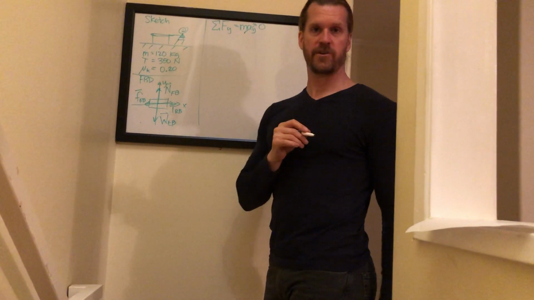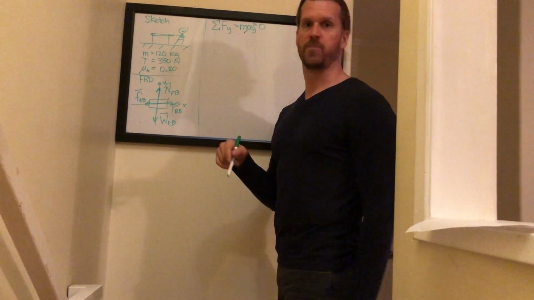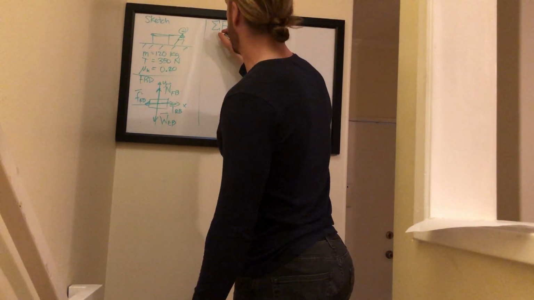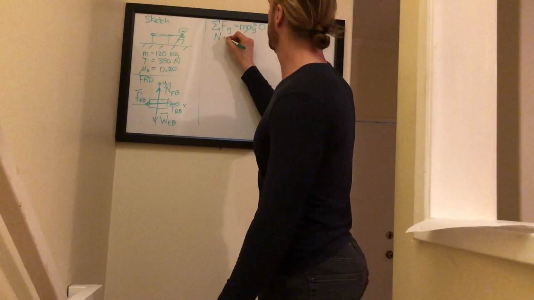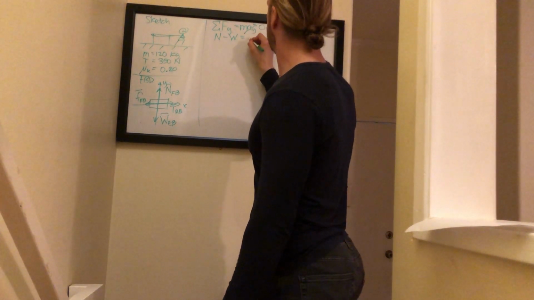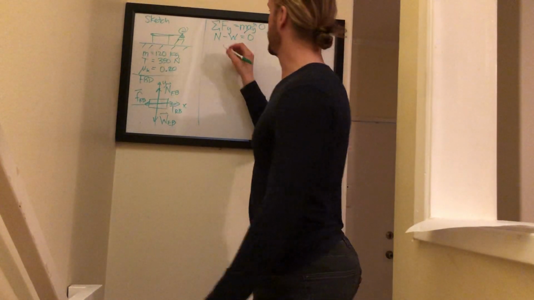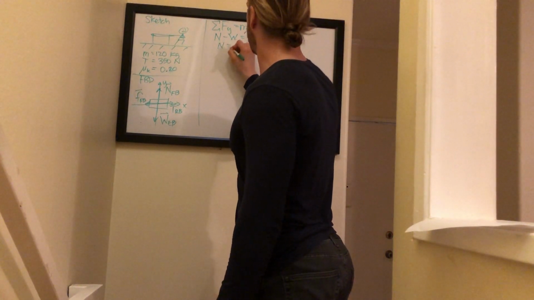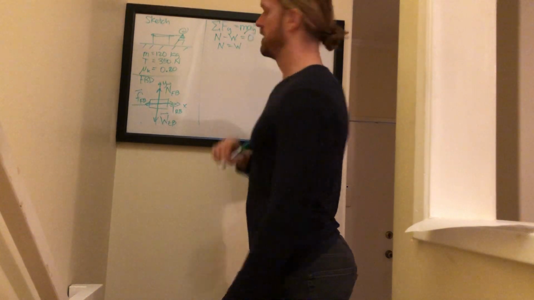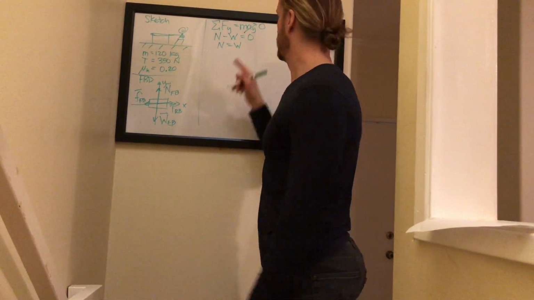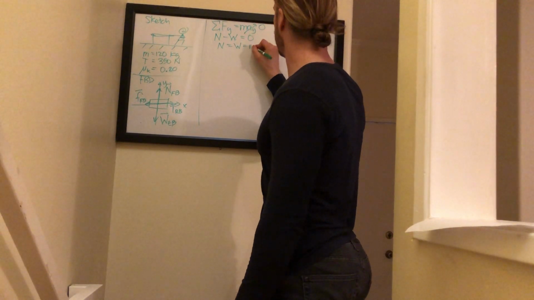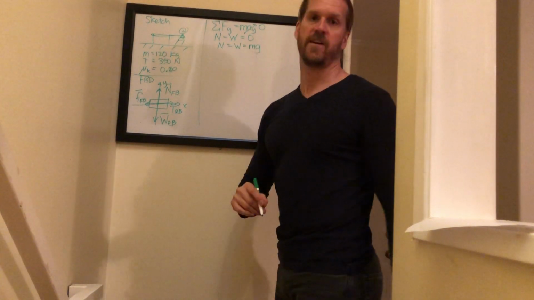There's zero acceleration in y because the box isn't moving up or down. We have normal force in the positive y direction, gravity in the negative y direction. So that means that N equals W. And on the surface of the Earth, we know that W, gravity force, equals m times g.